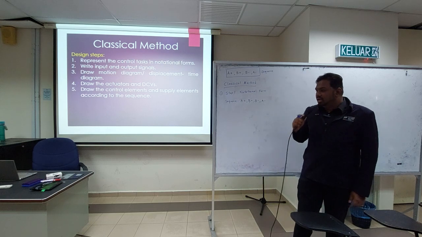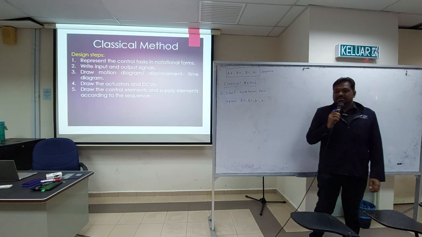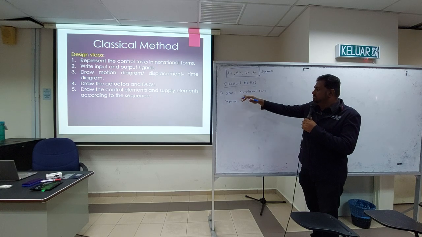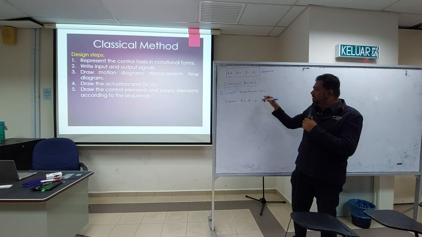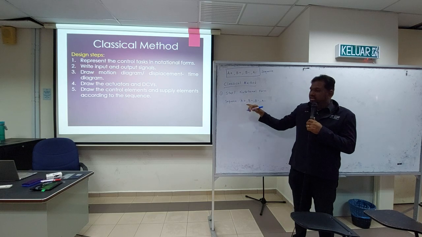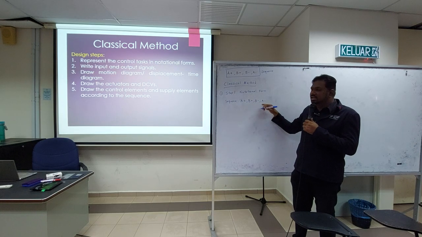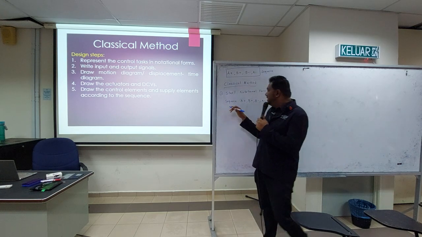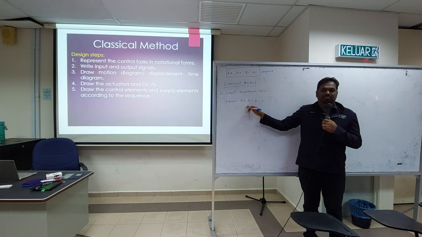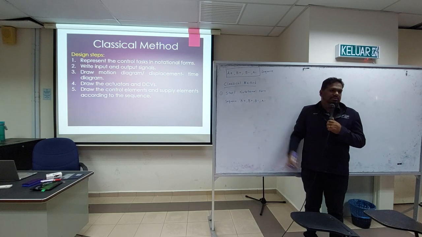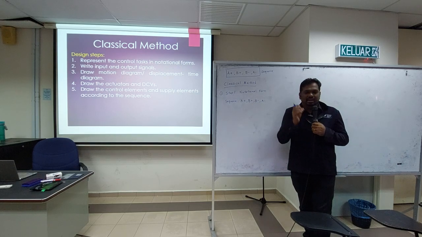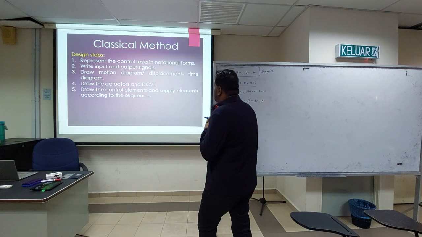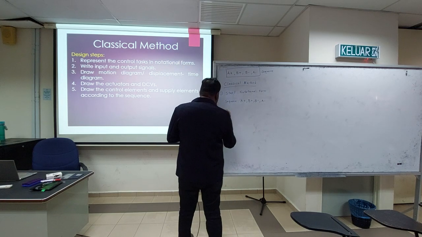Okay, so first step, so you just write down. Okay, step 1. So tulis dulu tajuk. Okay, step 1 notational form. So sequence dia adalah A plus, B plus, B minus, A minus. So that is your first step. Okay, so notational form means macam ni, simplified form. A plus, B plus. So itu adalah notational form, meaning simplification. Simplification of form.